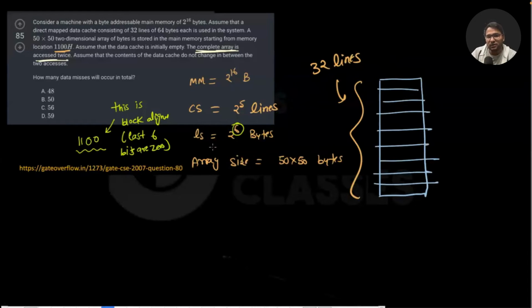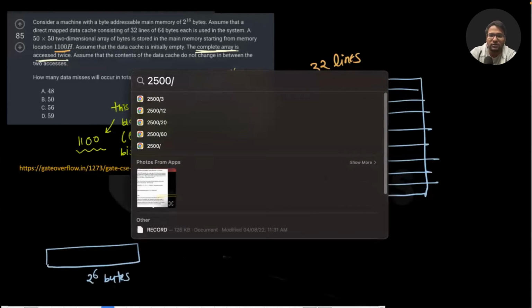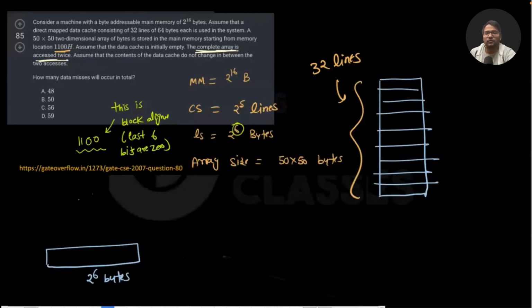Each line is having 2 power 6 bytes. So 50 into 50. How many lines will this array be having? This is 2 power 6 bytes, which is 64. So you can divide 2500 by 64, which gives 39 point something, which means 40 blocks basically it will be spanning, right?